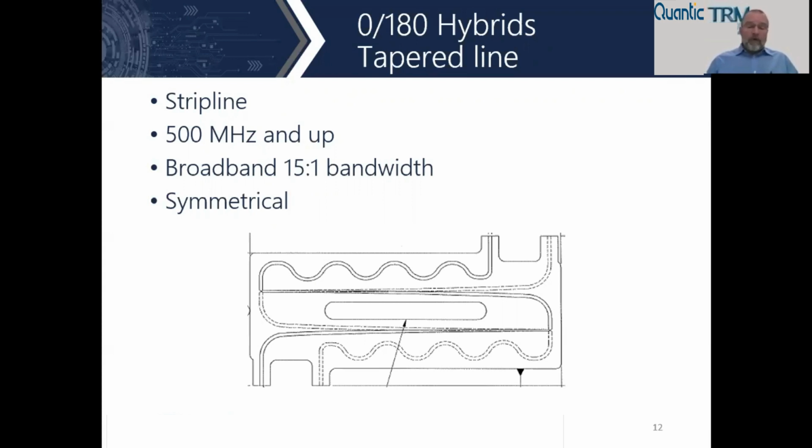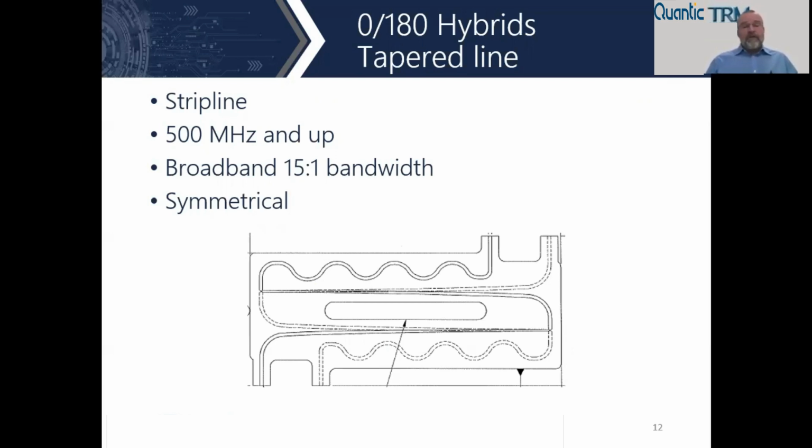And when you hook them this way, you do generate the same sum delta configuration. One of these inputs will generate in-phase outputs at the two outputs, and the other input will generate a 180-degree phase offset between the two outputs. Again, amplitude balance is maintained for either input, and this part is fully symmetrical, whereas if you were to combine parts, you would also get the same sum output and delta output.